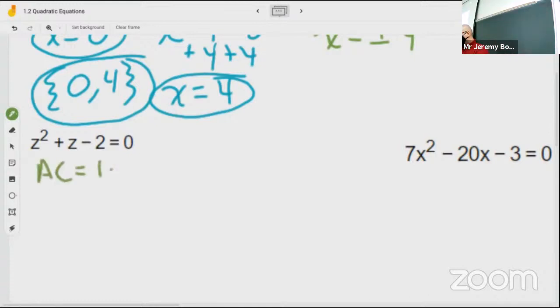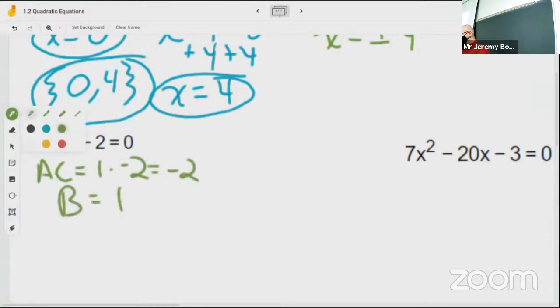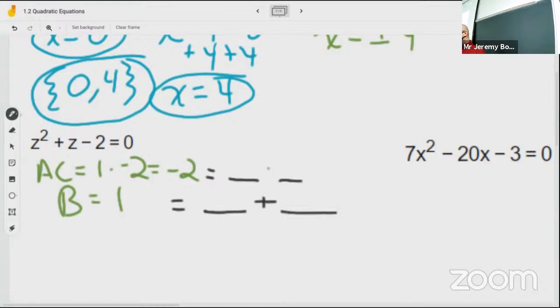AC is going to be 1 times negative 2, negative 2. B is 1. So do I have numbers that can multiply to be negative 2 and add to be 1? It's a positive 2 and negative 1. Should work. And so we can factor that.